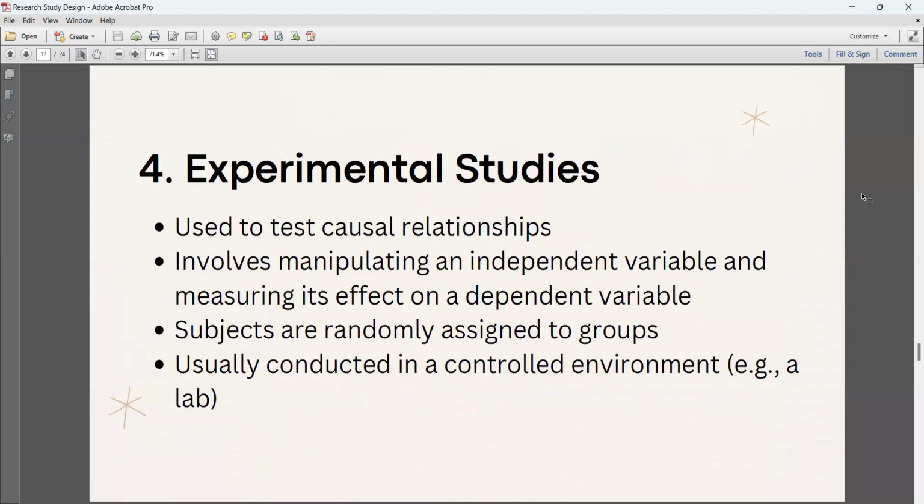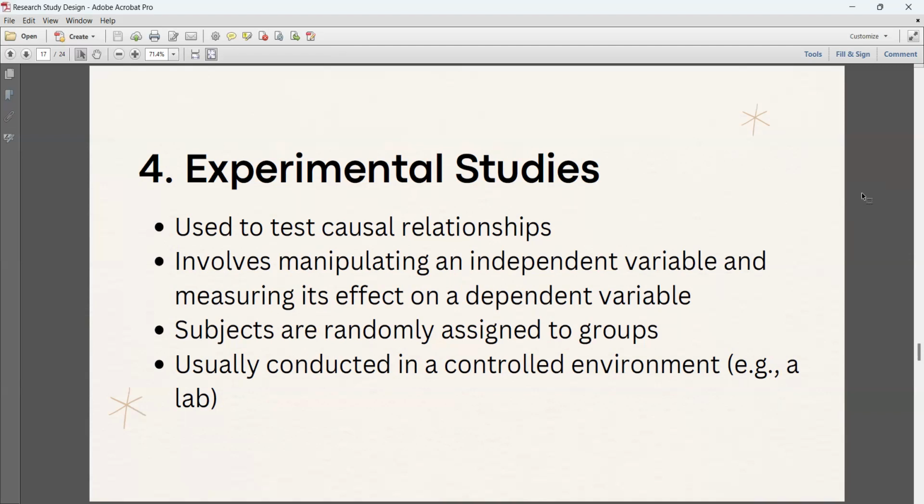Then our last study design under the quantitative approach or design is experimental design or study. Experimental studies are also used just as analytic.